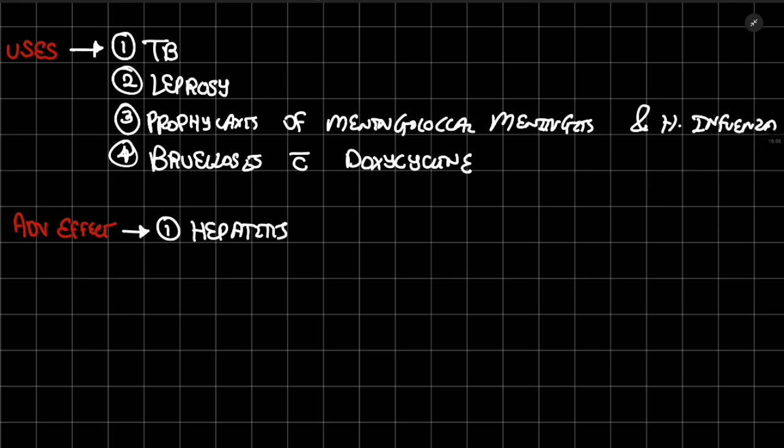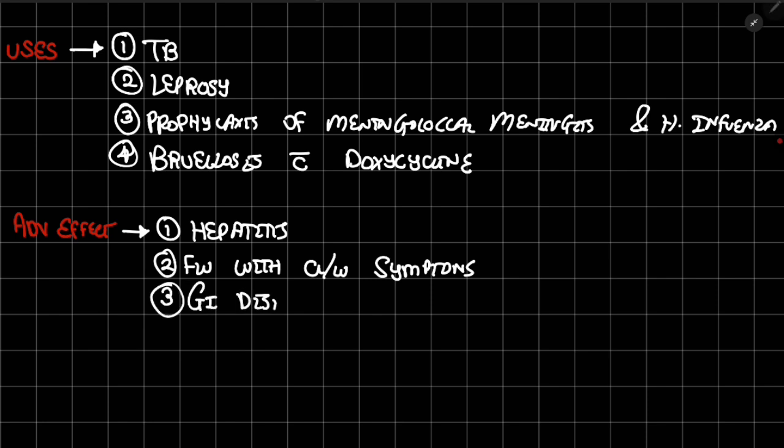Okay, second is flu with associated symptoms like chills, headache, pain, muscle pain, then joint pain. Okay, then GI disturbances such as nausea, vomiting, abdominal discomfort, diarrhea. Okay, then as usual we have rashes.